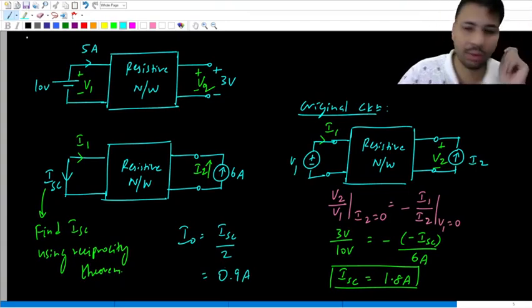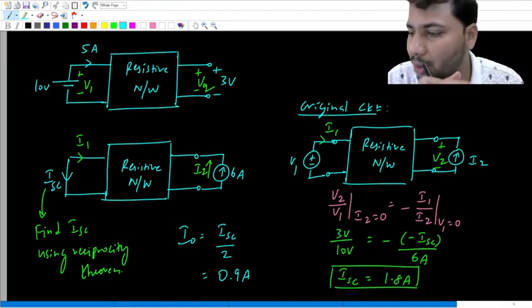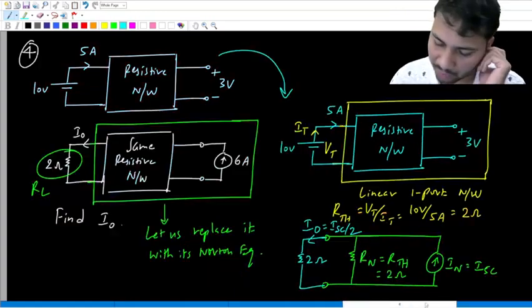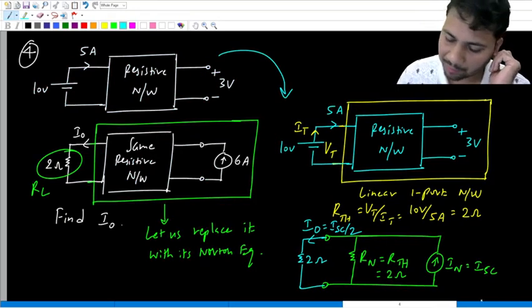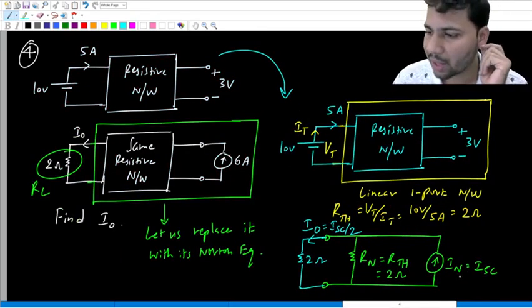So this circuit can only be solved when you use both the reciprocity theorem and Thevenin's theorem. We have used Thevenin's theorem to find the Thevenin resistance, and we have used the reciprocity theorem to find the short circuit current or the Norton current.